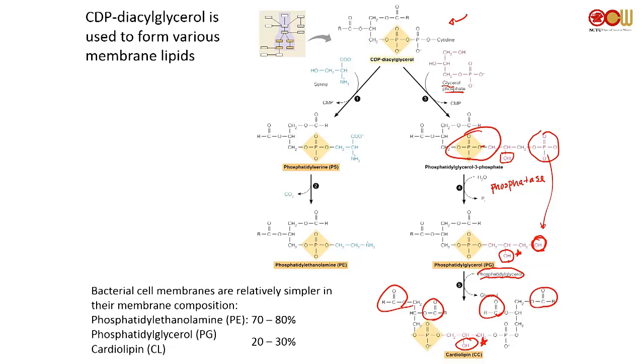Now, the first thing that we're going to do is we take serine. Serine is an amino acid. So you have serine, I have serine, everybody has serine. Now remember, serine's R group is what?